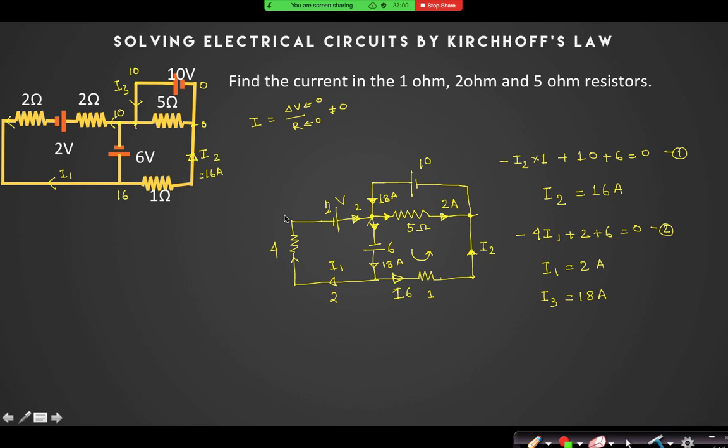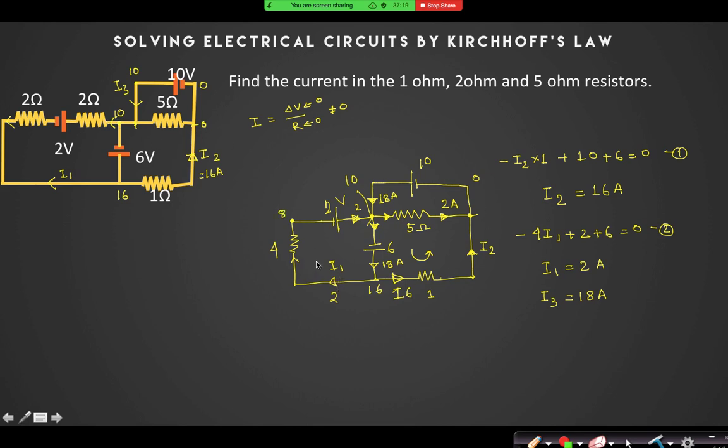Now if this is 10 volt, you can go to that circuit. If this is 10, this is 0, this is 16, what is the potential here? 8.